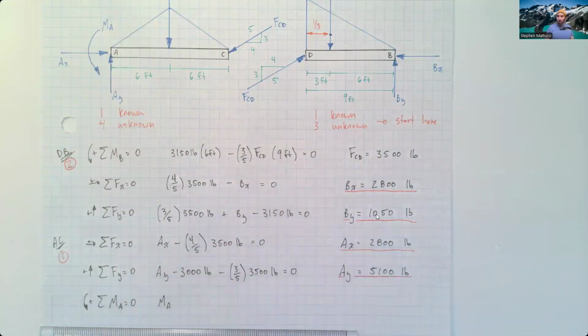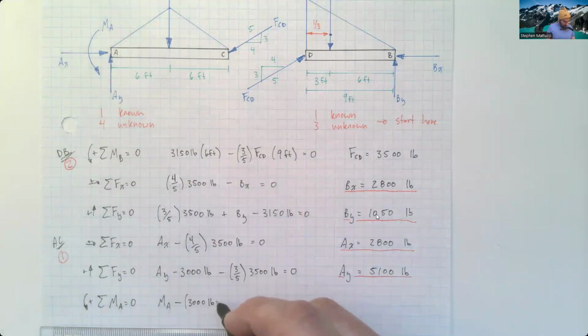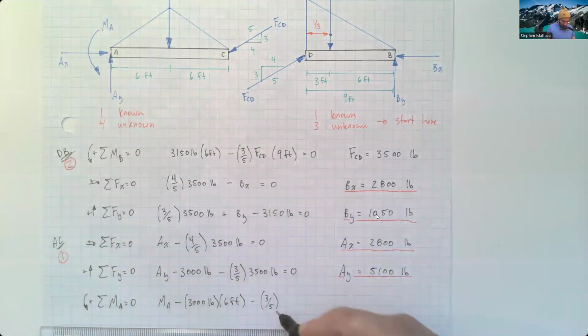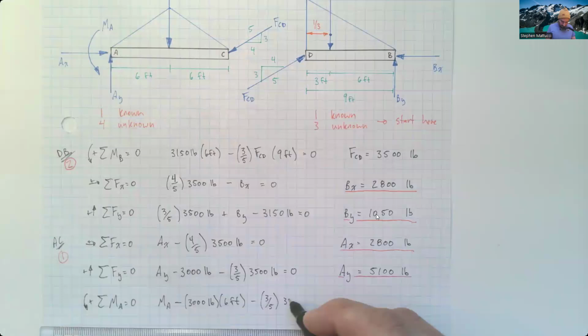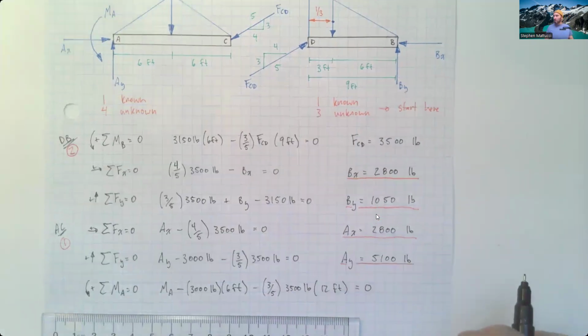We're going to have our moment at A from the wall, start with that, minus 3,000 pounds times 6 feet minus 3/5 times 3,500 pounds times 12 feet equals 0.